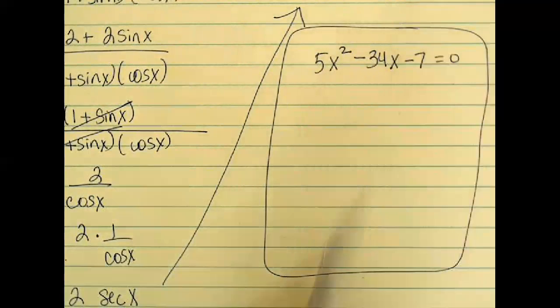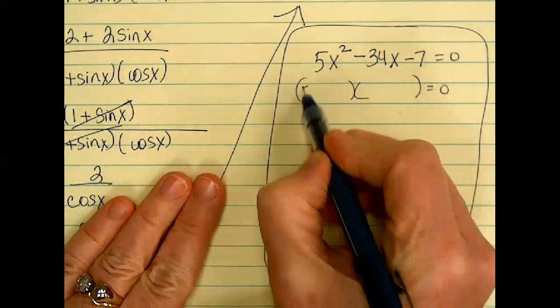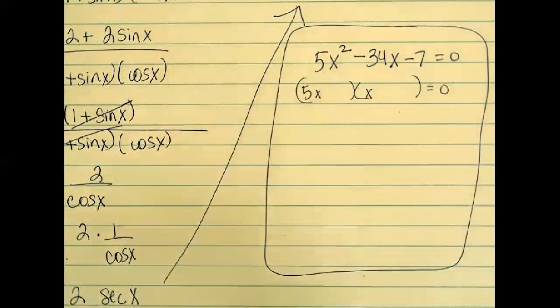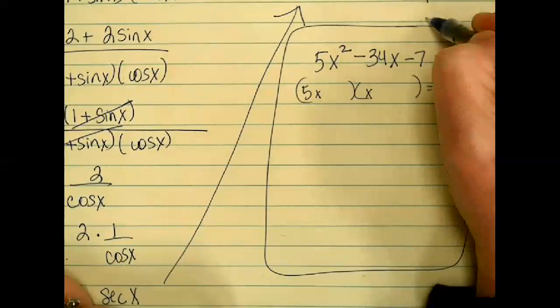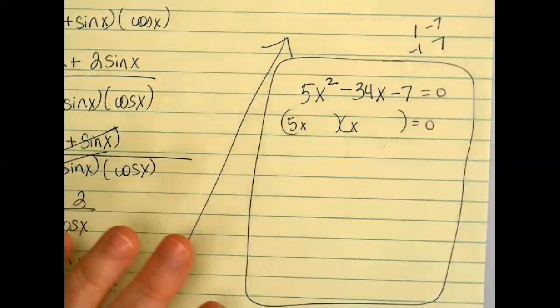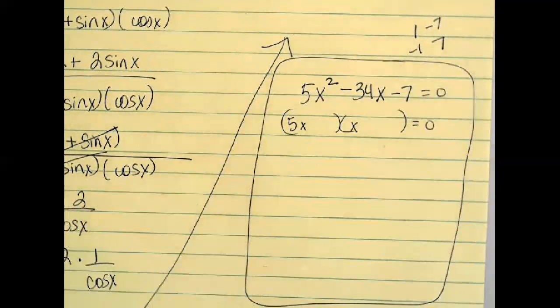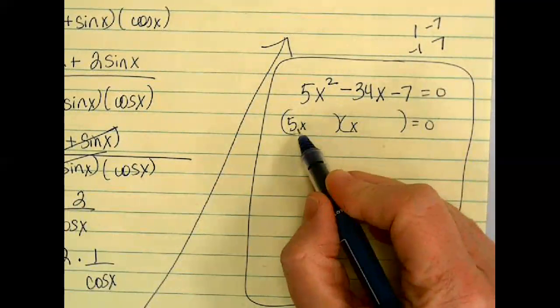Okay. So when you start to factor here, you have to break it down into two parentheses, and this is 5x and this is x. And then the choices for the 7 are 1 and -7 or -1 and 7. And you kind of play around with that to see what works out. If you place the 7 here, it gets multiplied by the 5 and it makes a 35.